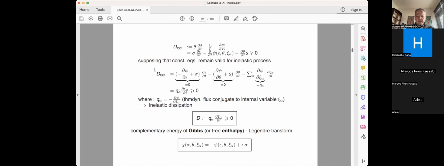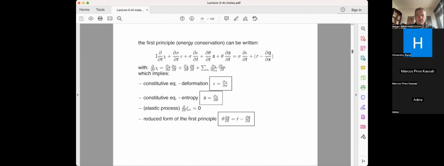In particular, we'll take the Gibbs potential, which is a function of the stresses, temperature, and internal variables. We obtain the constitutive equation defining the strain as the partial derivative of the Gibbs potential with respect to stress, and the entropy as the partial derivative of the Gibbs potential with respect to temperature. In an elastic process, we are done because we can kill the evolution of the internal variable, and we simply have a reduced form of the first principle to compute anything we need along with the remaining equations.